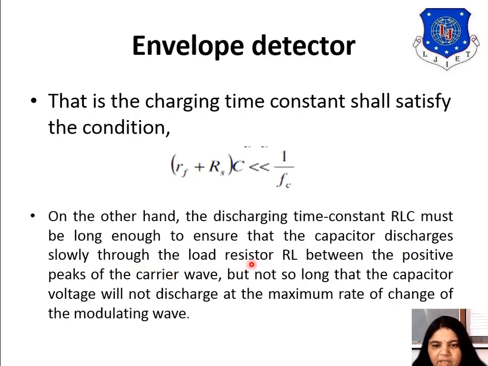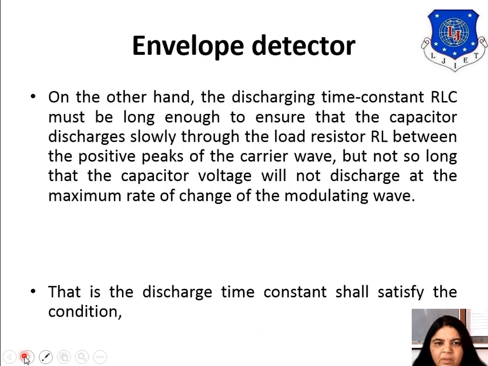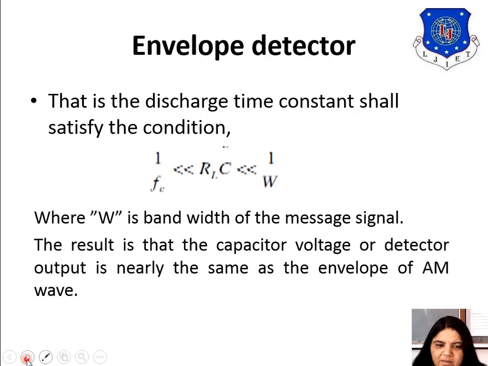thoroughly through the load resistor RL between the positive peaks of the carrier wave, but not so long that the capacitor voltage will not discharge at the maximum rate of change of the modulating wave. So the discharging time constant shall satisfy this condition: 1 by Fc much less than RLC less than or equal to 1 by W, where W is the bandwidth of the message signal.